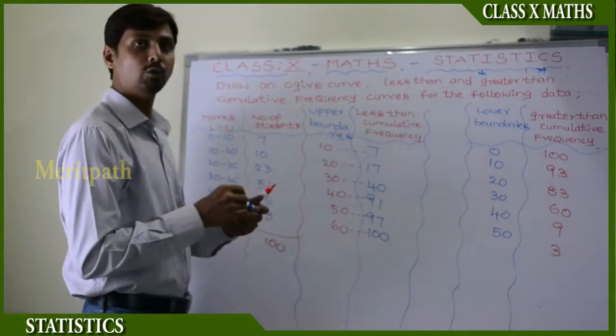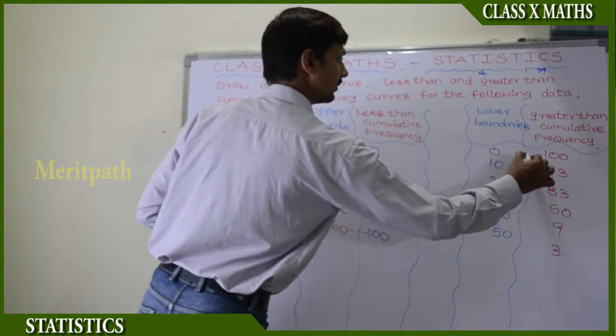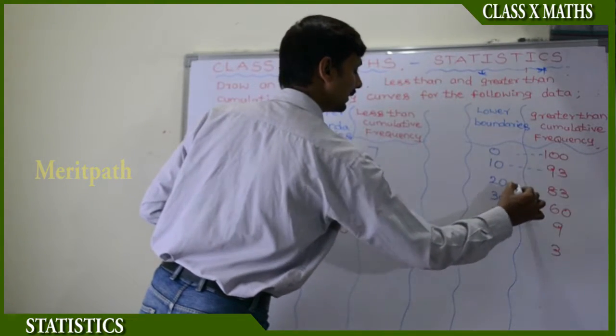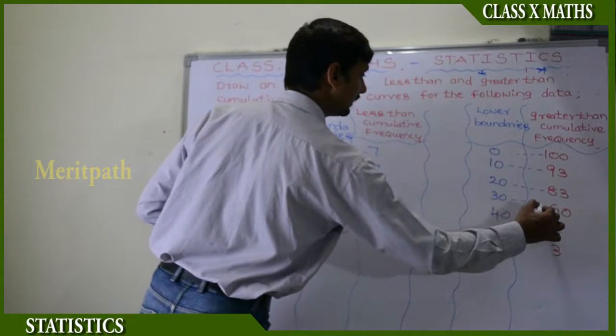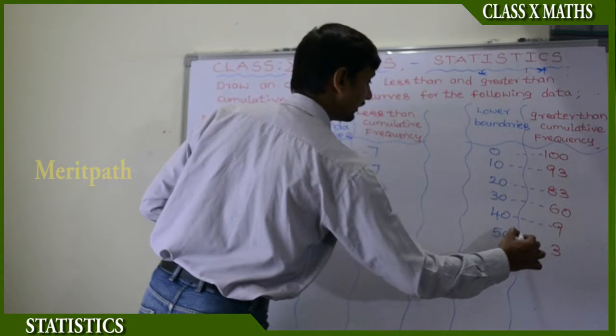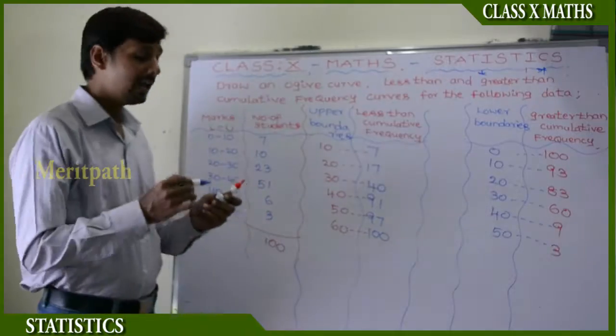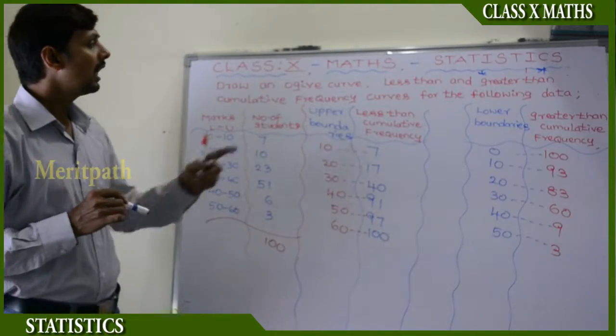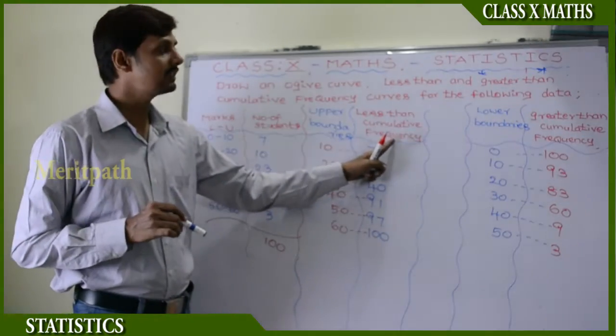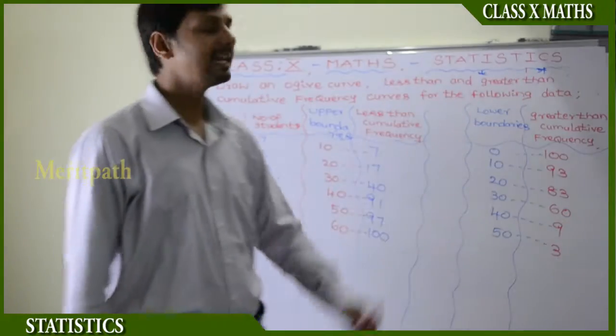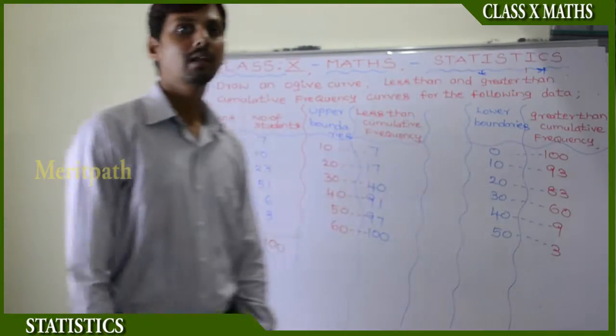So here we got these points: 0, 100; 10, 93; 20, 83; 30, 60; 40, 9; and 50, 3. And here we got upper boundaries and less than cumulative frequency, and lower boundaries and greater than cumulative frequency.